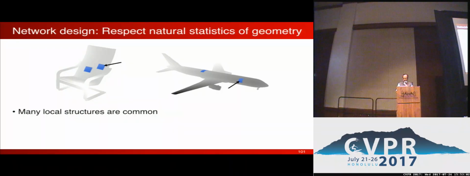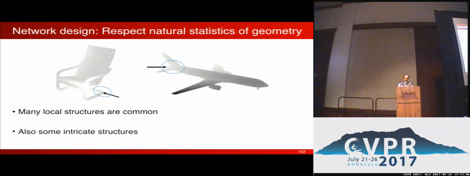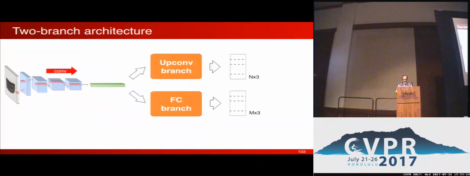And most man-made shapes have mostly such surfaces. But then there are also special areas like corners and things where the geometry becomes much more intricate. And somehow, if we're going to do reconstruction well, we must understand this distinction, because the statistics of these two types of geometry are quite different.